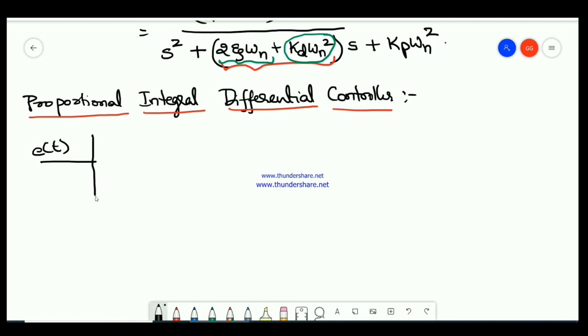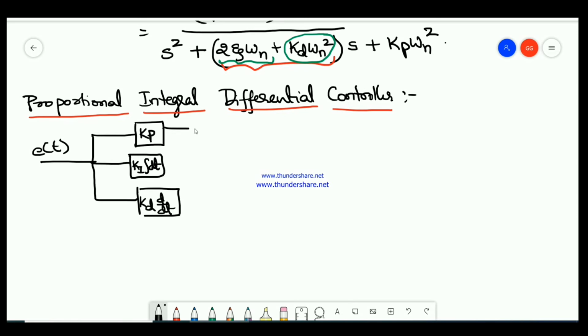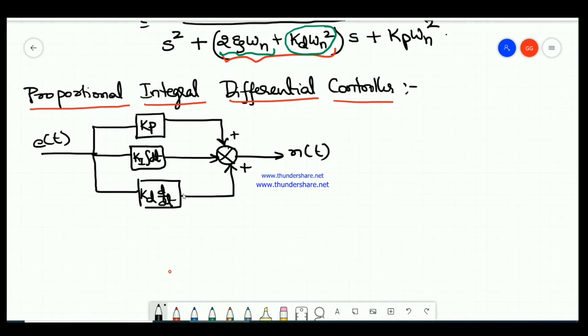So E(t) is the input. We have three blocks here now. One is proportional Kp, another one is integral Ki into integration dt, and the third one is Kd into d by dt, all connected to a single summing point, and n(t), which is plus, plus and plus.